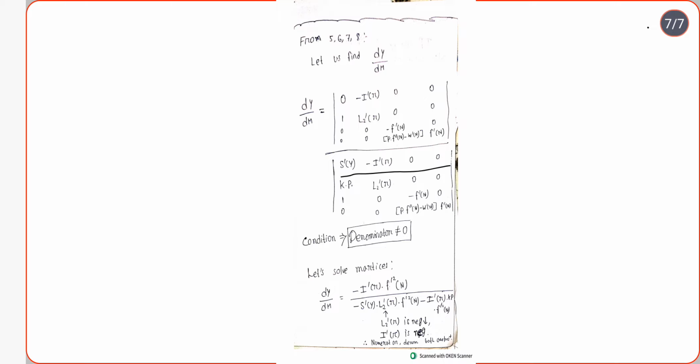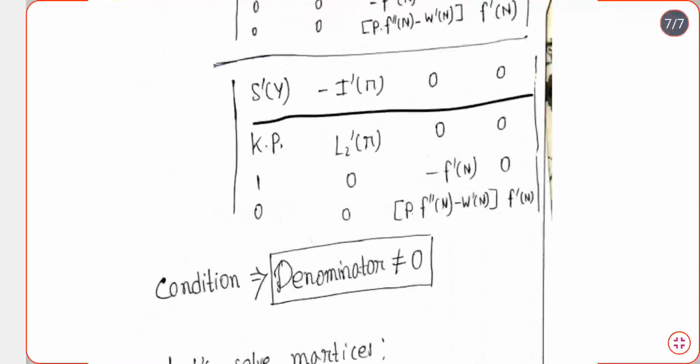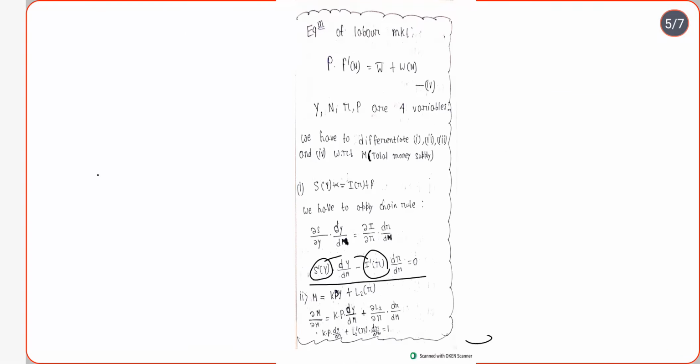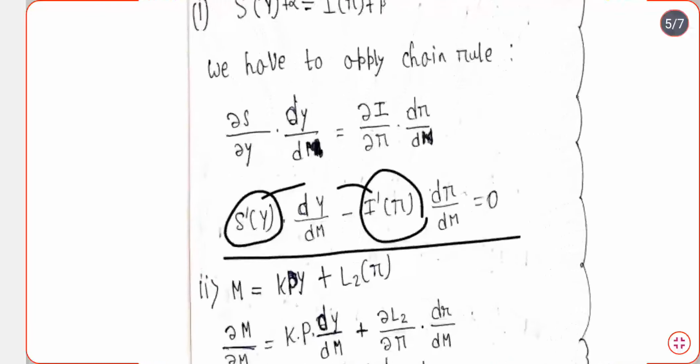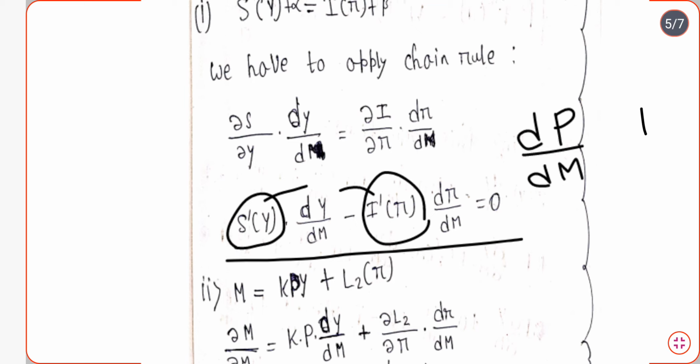So remember these two terms, s dash y and minus I dash r. As you can see here, those two coefficients have been put here, s dash y and minus I dash r. Why are these two terms 0? Because there are 4 variables. Except dy/dm and dr/dm, we also have dp/dm and dn/dm.